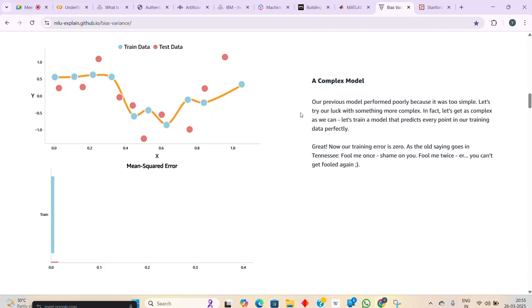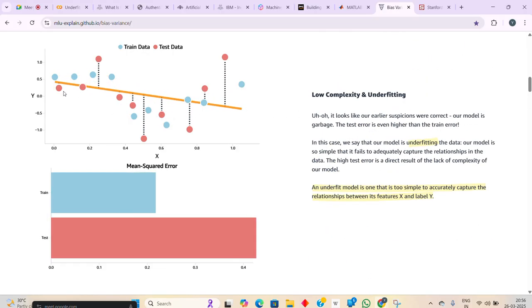Then a complex model. Let us consider one more model. If the straight line is not the best fit line, then we can add degrees so that we can cover the polynomial way.